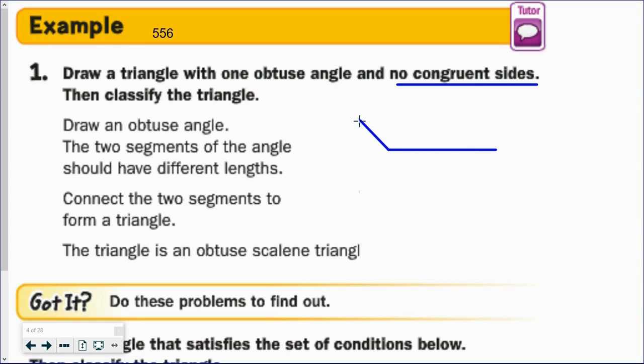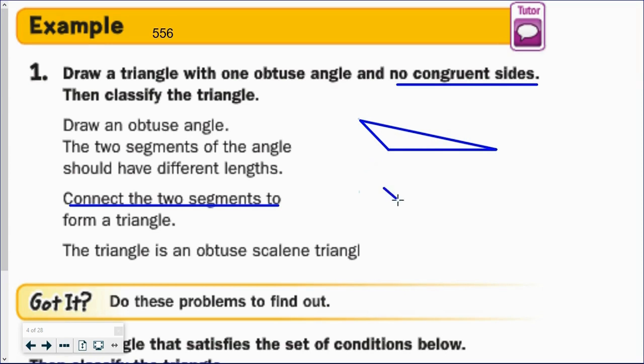Then when I go and connect the two segments, which is what it says over here, I will end up with a triangle, but all three sides will be of different lengths. That is because the side opposite the largest angle will be the biggest size side.